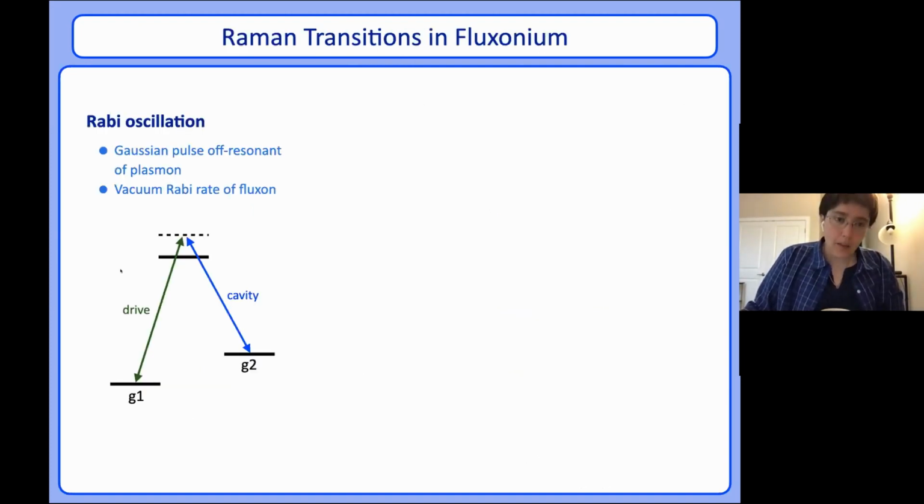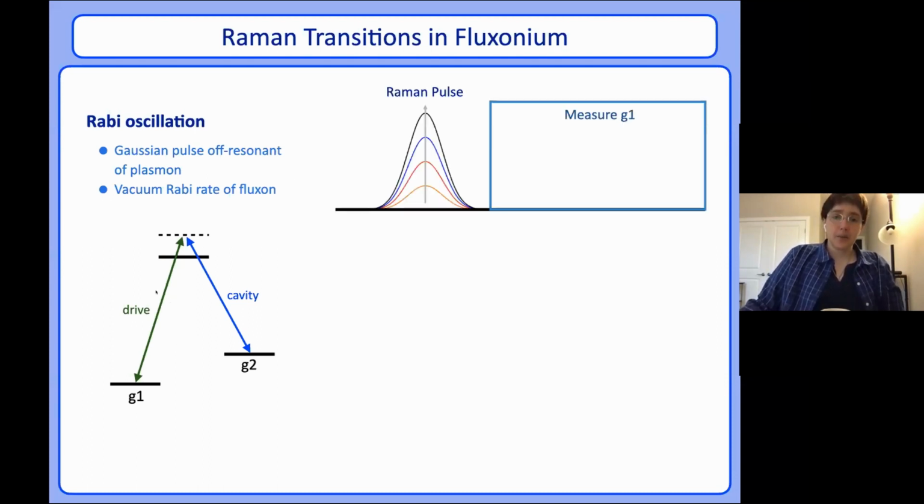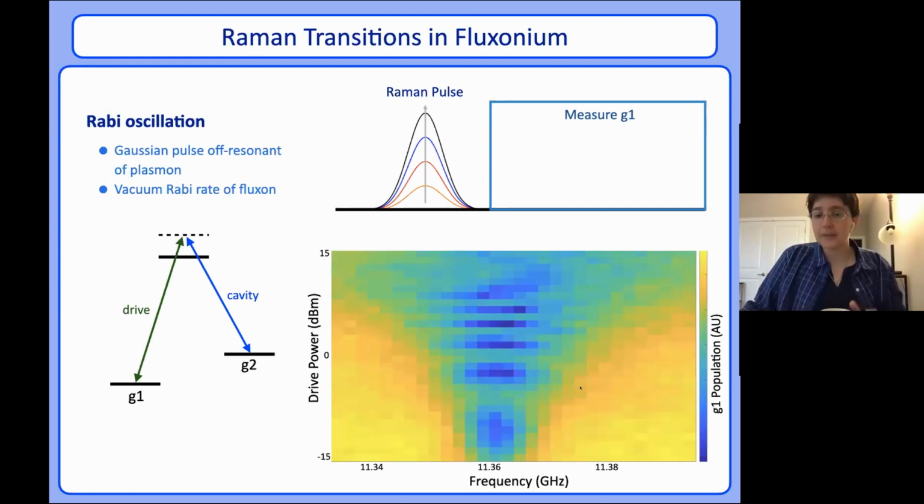And so we actually performed a proof of principle experiment to drive this cavity mediated Raman transition. The idea here is that we put a pulse on one leg and rely on the vacuum Rabi coupling with the cavity to complete the transition. So we pulse half of the lambda transition, and then we check whether we have depleted the G2 state.